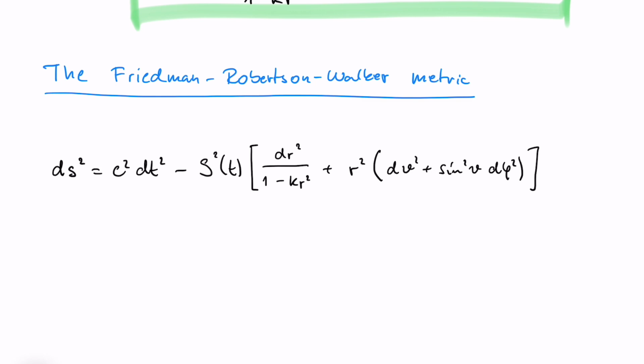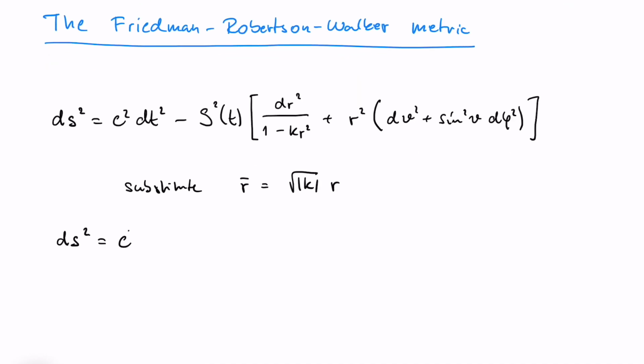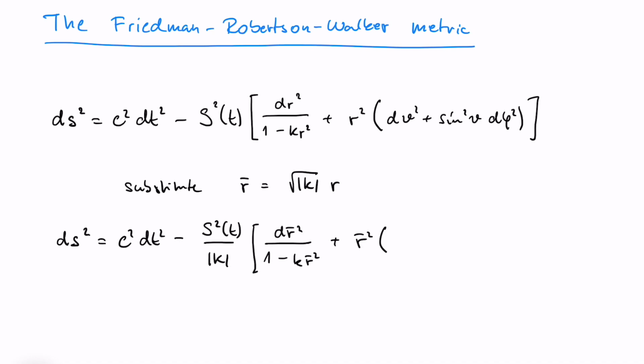Now, it is customary for non-zero k that the r coordinate is rescaled so that the absolute value of k is absorbed into the new coordinate, which we call r bar for a while. And so the metric is modified. And here the small k is actually the sign of capital K, and it is 0 if capital K is 0.